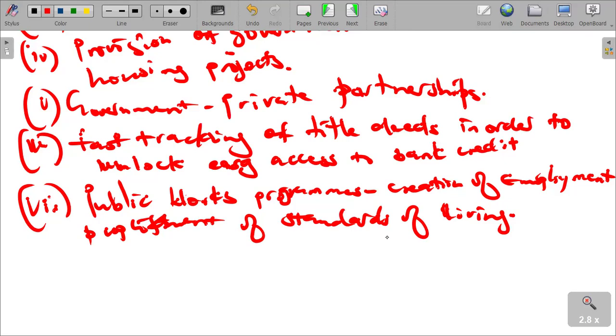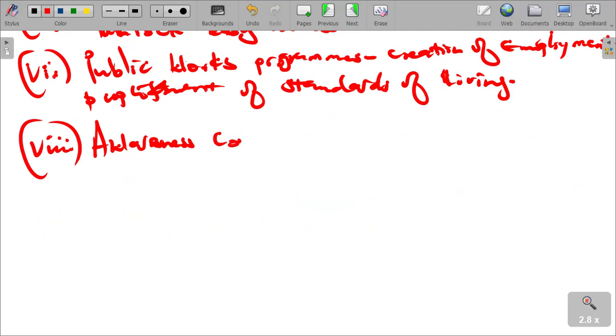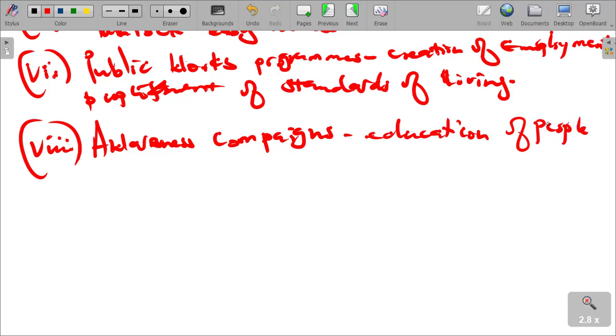We might also not forget government awareness programs and awareness campaigns. Awareness campaigns will help to educate people.